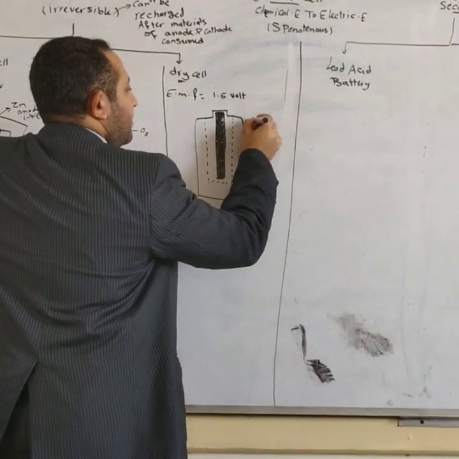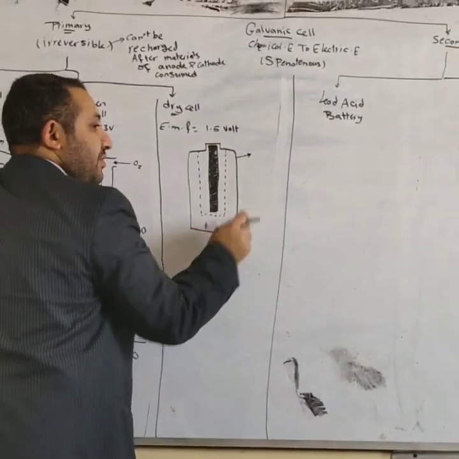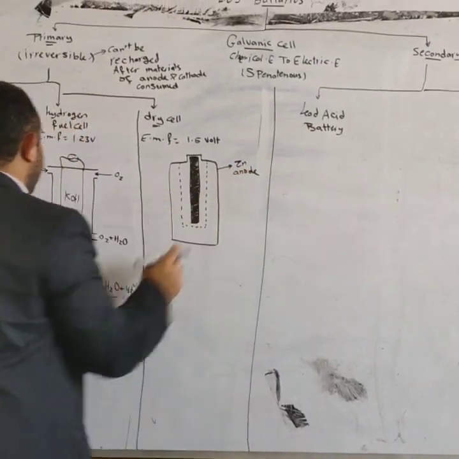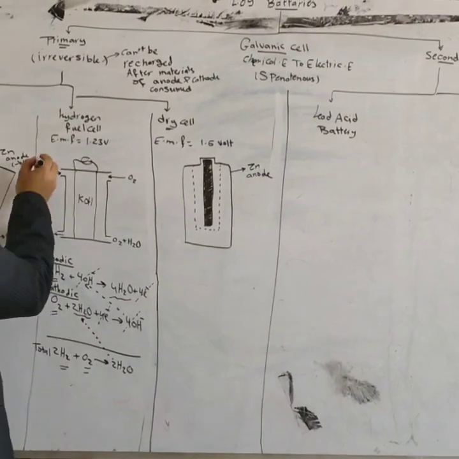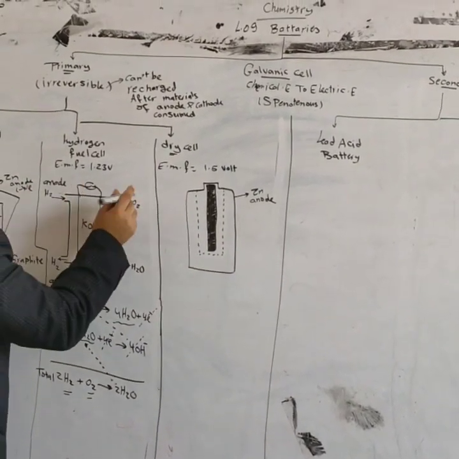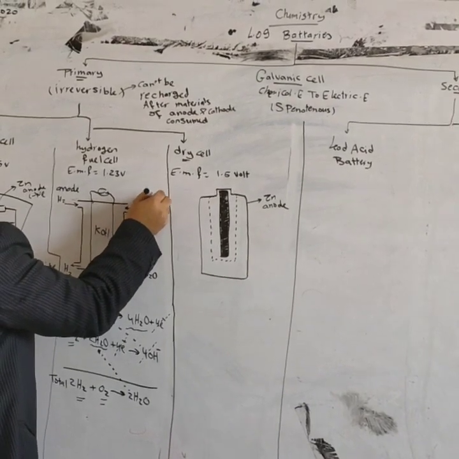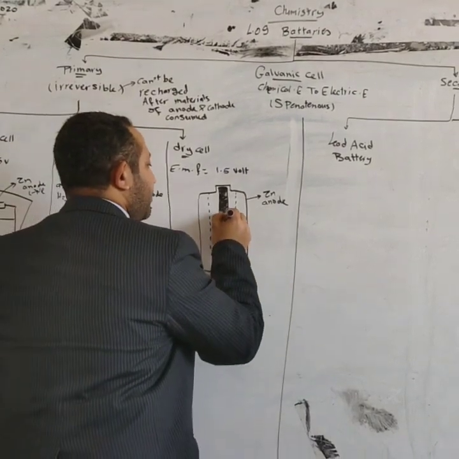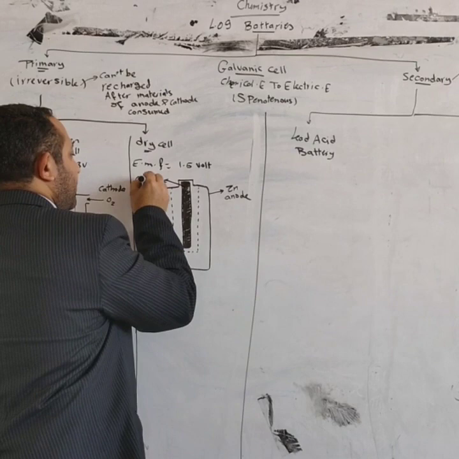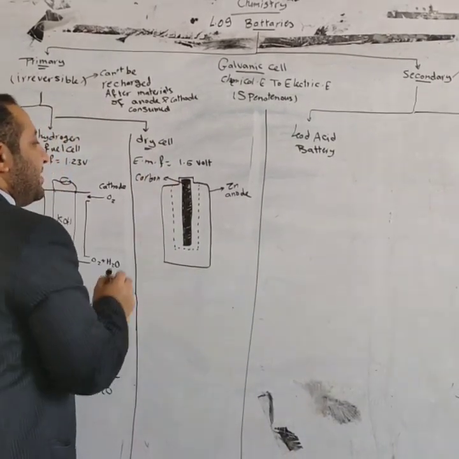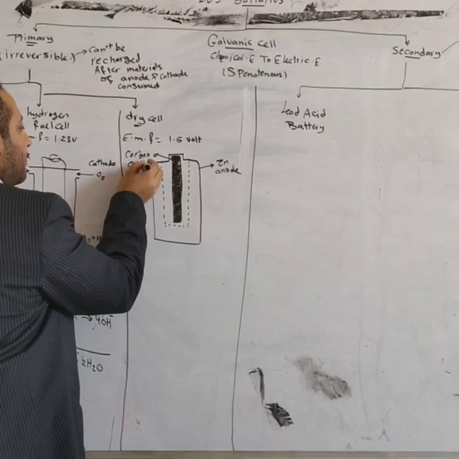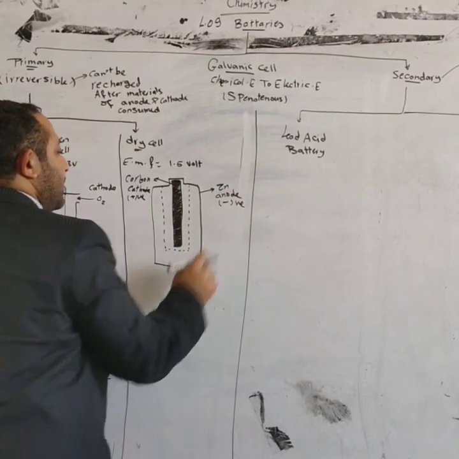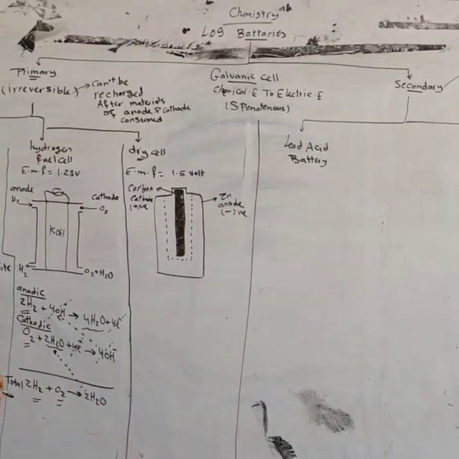The material of the anode is the zinc case, the body of the cell, the zinc anode. But the anode in the hydrogen fuel cell is the hydrogen, and the cathode is the oxygen. In the dry cell, the anode is the zinc case and the carbon rod represents the cathode. The cathode is positive, the anode is negative. Then we'll find the electrolyte material between them, with a separator.